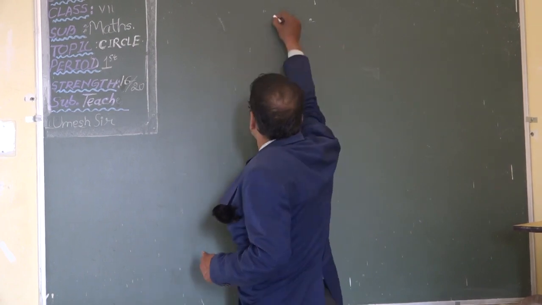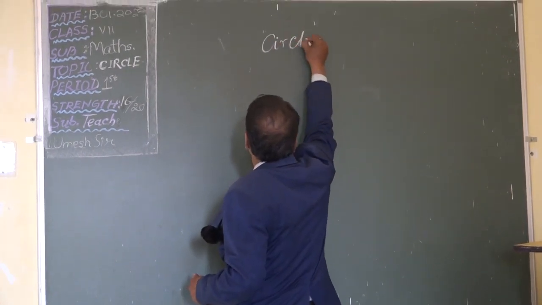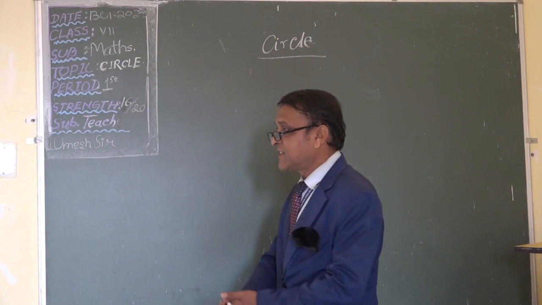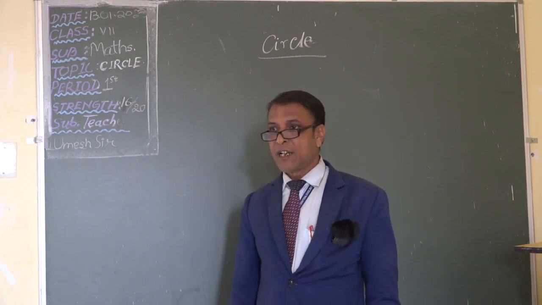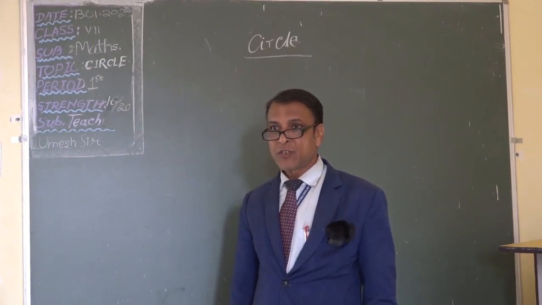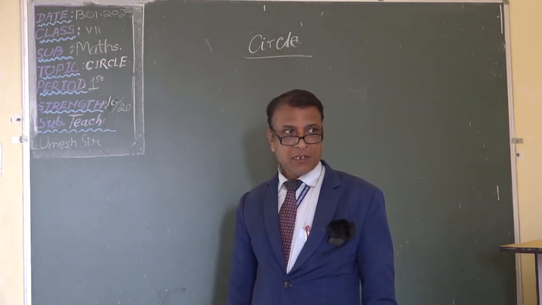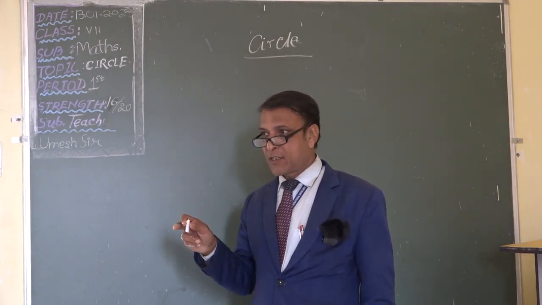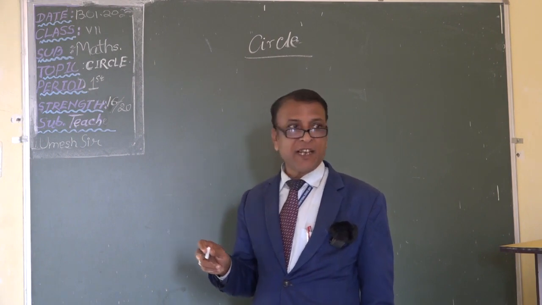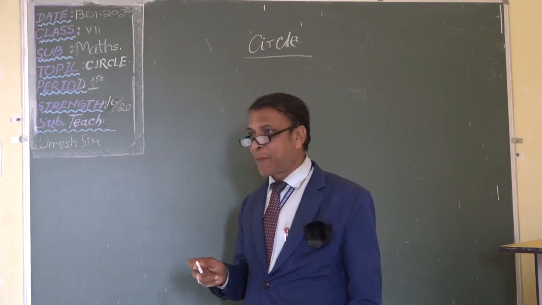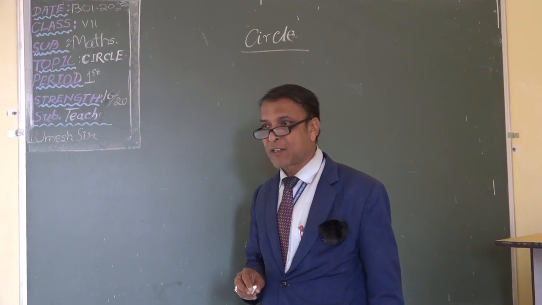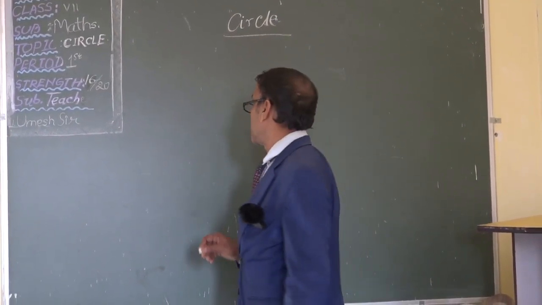Already I said to you, a circle is a closed geometrical figure. Every point on its circumference is equidistant from a given point, which is called the center.